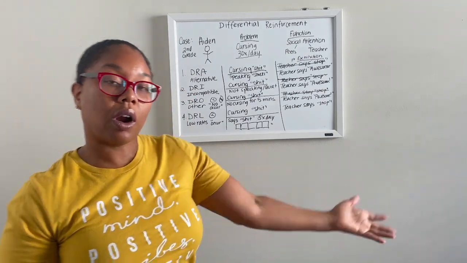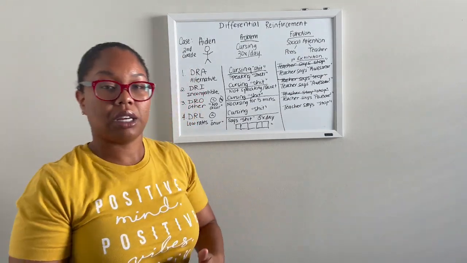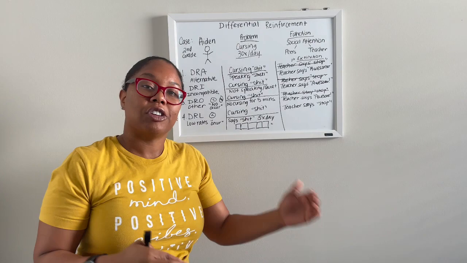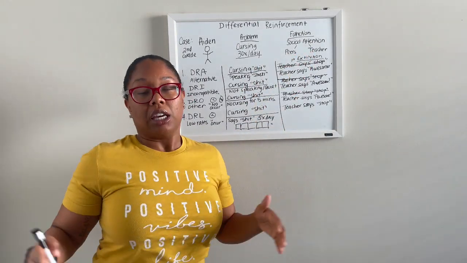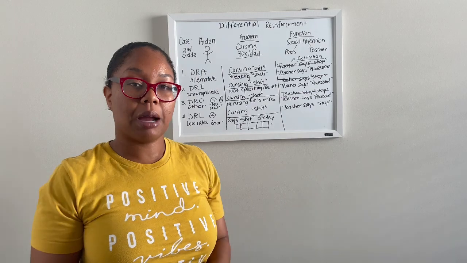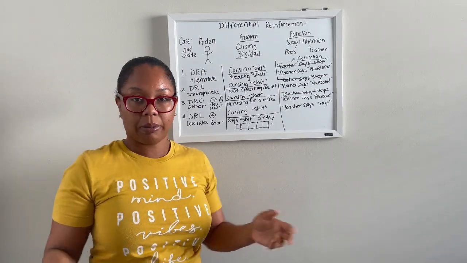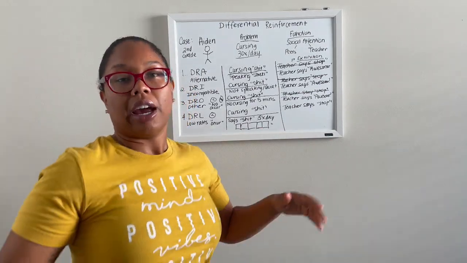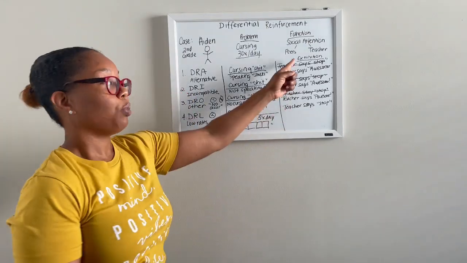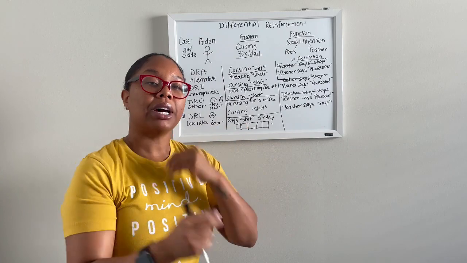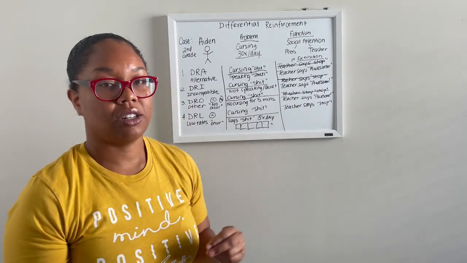So whether it's one-on-one attention with his teacher, maybe he gets to read a book of his choice with his teacher, or maybe if he wants peer attention, he gets a certain amount of time to do comedy club, and he goes into the front of the class and he wows them with his comedy. Of course, not cursing because we're putting that behavior on extinction, but he's finding ways to get attention from his classmates.